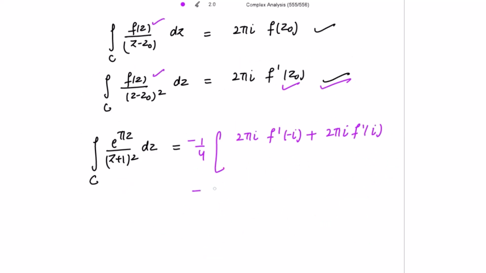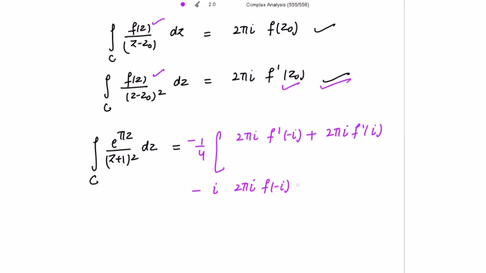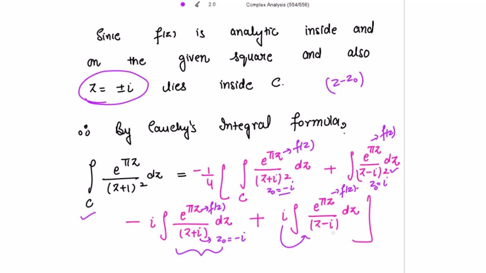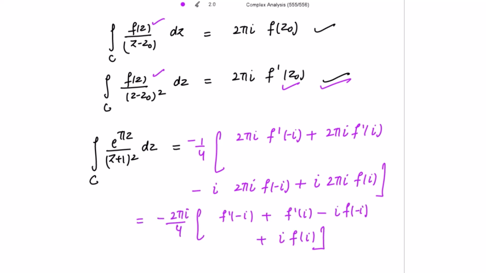So this is minus iota. According to the formula, the value is 2 pi iota f at negative iota. Then plus iota multiplied with this value, and the value for that integral is 2 pi iota f at iota, because there your z naught is iota. Let me take 2 pi iota outside of this bracket. Cancelling this, we have minus pi iota by 2.